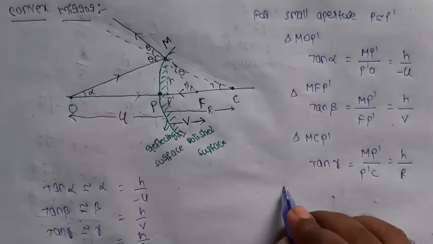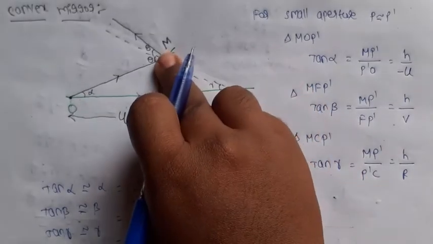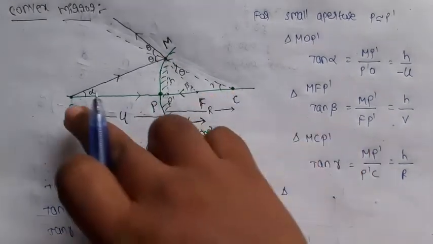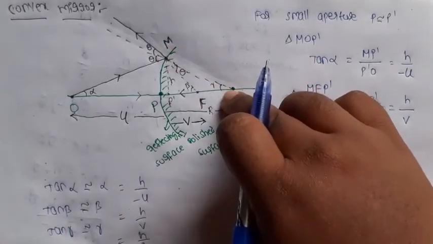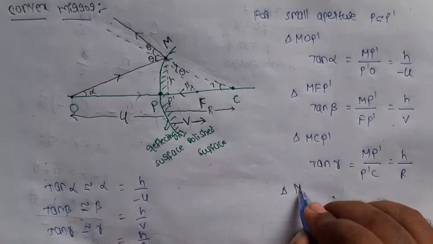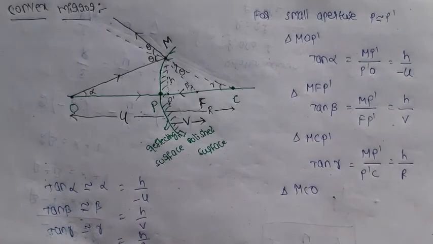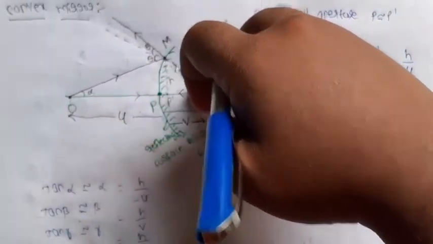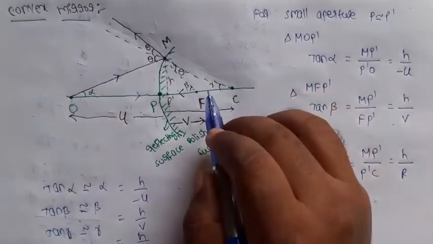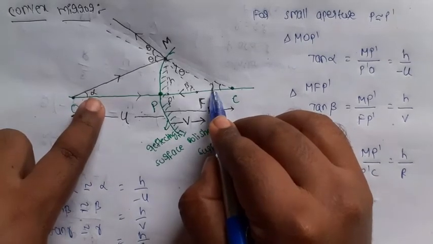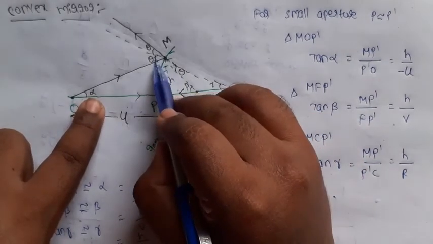Now I am taking the big triangle M C O. Inside the triangle are gamma and alpha, and outside the triangle is theta.